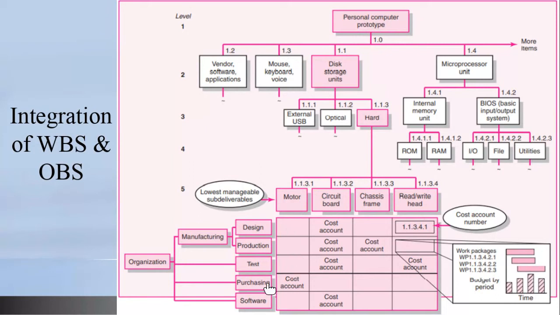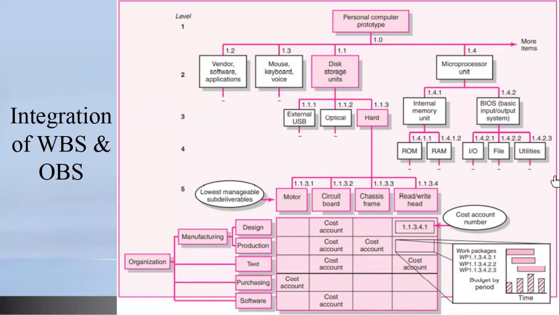And look here, we said it was one work package, and we are correct, because of the purchasing responsibility. So the cost of doing all of that work to produce the motor, to buy it and present it, is going to be undertaken by the purchasing department. That cost account is the responsibility of the purchasing department.